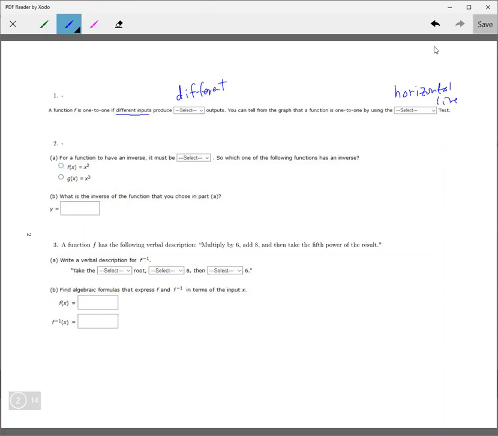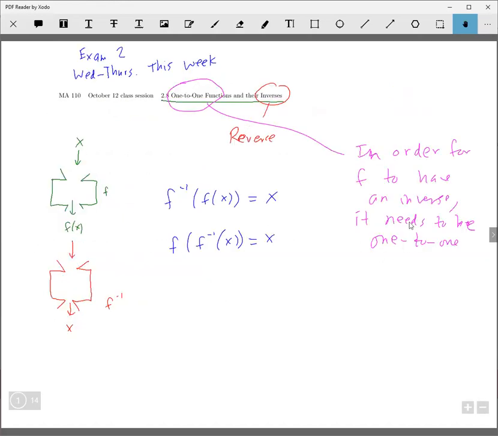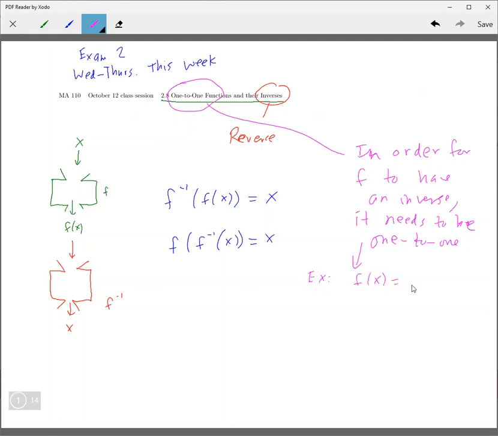Let's take a function that's not one-to-one, to illustrate this point. If we take f of x equals x squared, we know that f of 2 is 4, but f of negative 2 is also 4.